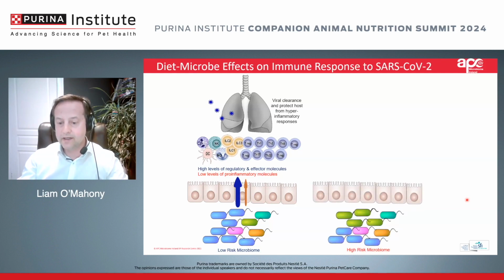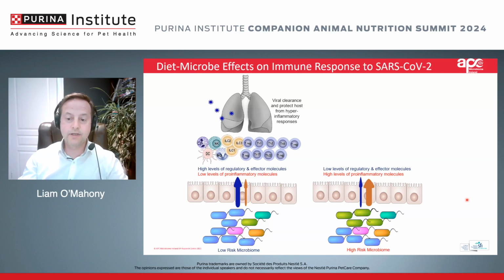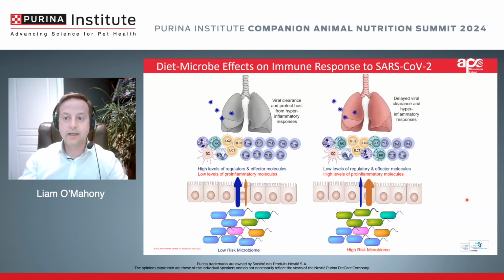On the other hand, there are individuals with a high-risk microbiome, so a very different microbiome composition, but also a very different metabolism. This type of microbiome is not producing the correct levels of the regulatory molecules that the immune system needs, but instead is producing a lot of pro-inflammatory molecules. This results in a very different type of immune polarization.